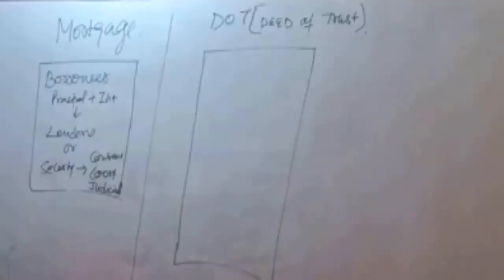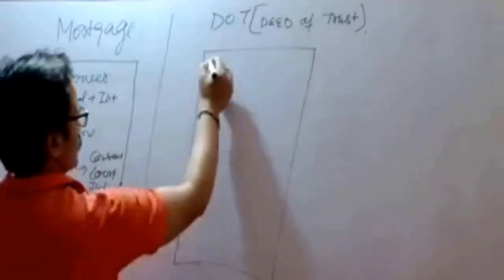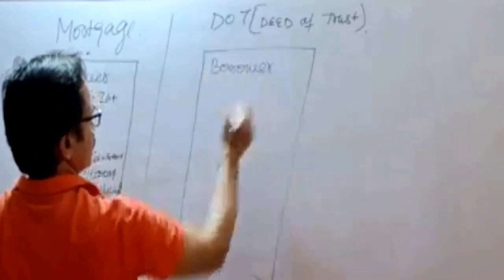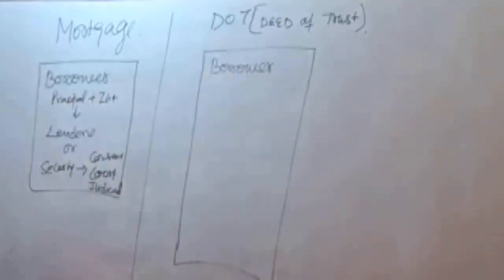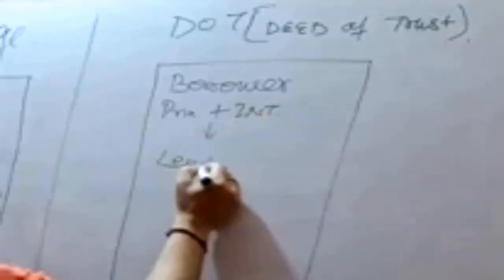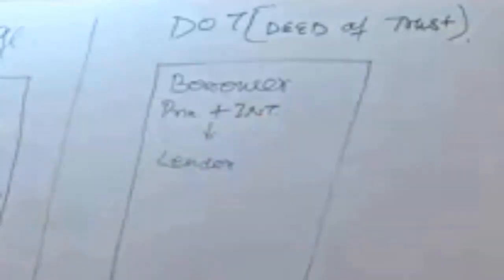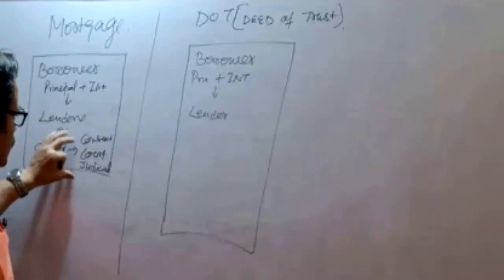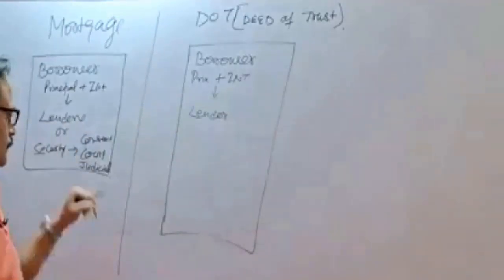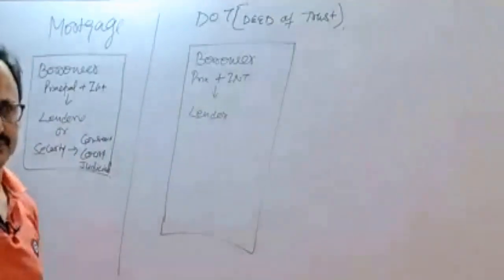Now here, in the same manner, borrower, and then lender. Now the lender, then what? Then here what is happening? Security with the consent of court is known as judicial, right?